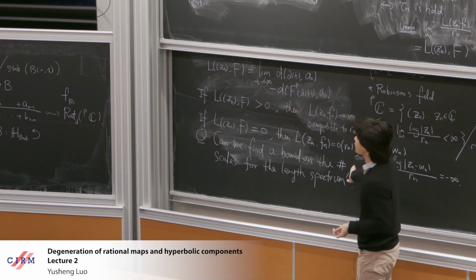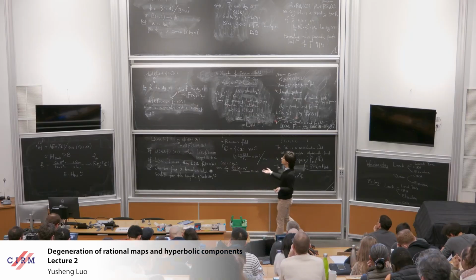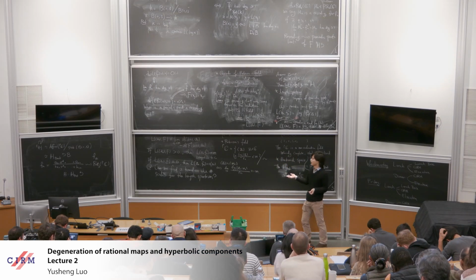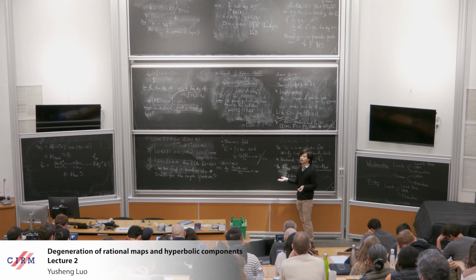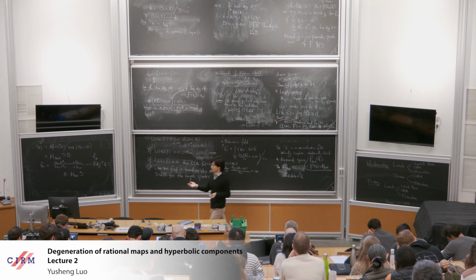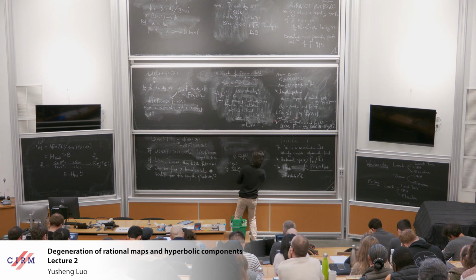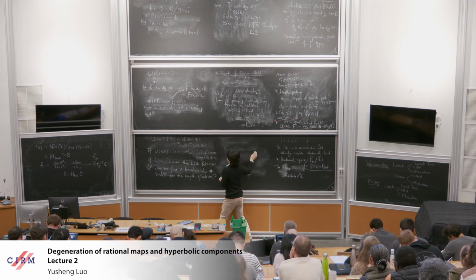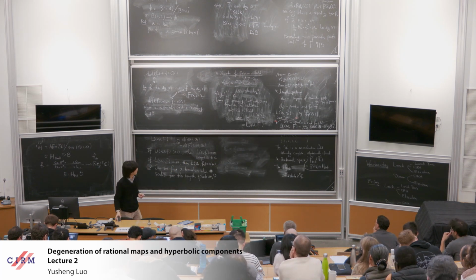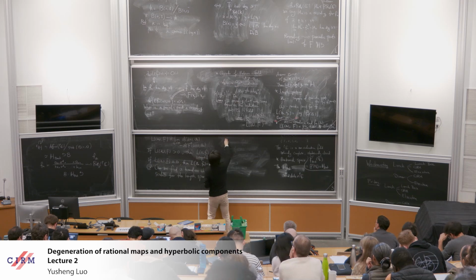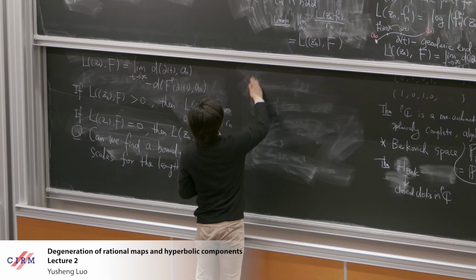So one quick observation here is that when the degree is 2, then there is a sharp bound which is 2. So in degree 2, let me just put a remark.